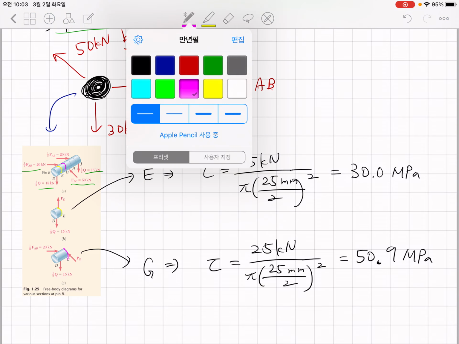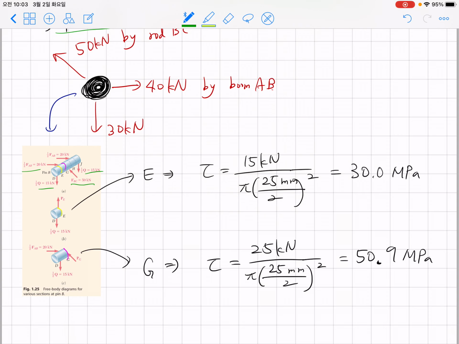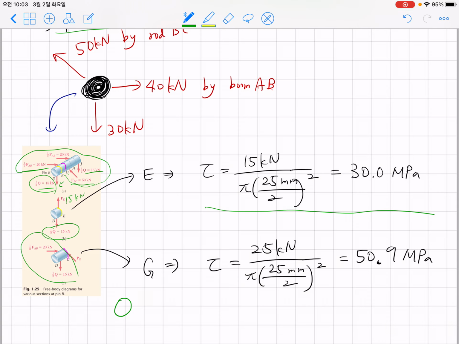If you look at cross-section E first, at the left of this cross-section E you have a 50 kilonewton downward force, and if you combine all other forces to the right of this cross-section E, you should have 15 kilonewton here, so that it can satisfy mechanical equilibrium and you can obtain the shear stress acting on cross-section E. Now regarding cross-section G, on the left of this cross-section G you have 50 kilonewton here and 20 kilonewton here, so in total you have 25 kilonewton.